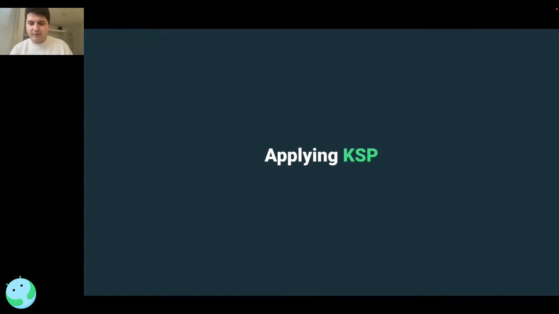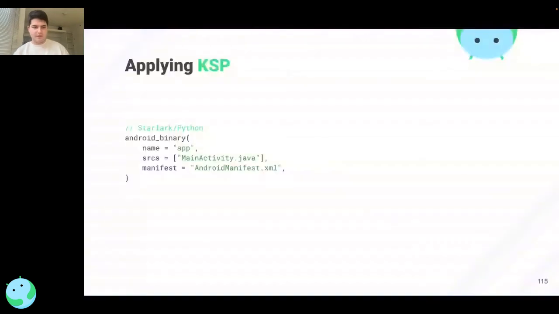I would also like to talk briefly about some new modern stuff that we have in the Kotlin community, like Kotlin Symbol Processing. Let's consider how it will help us make the development and maintenance of our specific DSL a bit easier. As you remember, we have these DSL functions like Android binary that we can call.